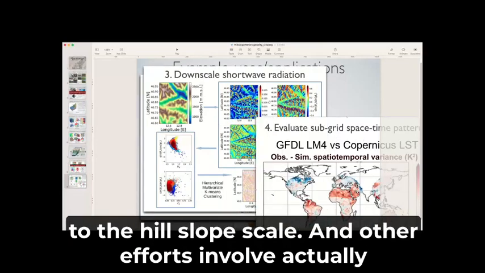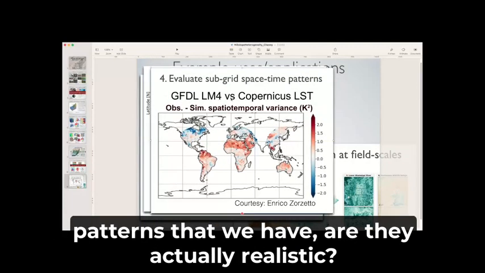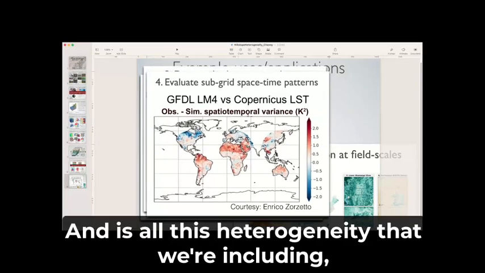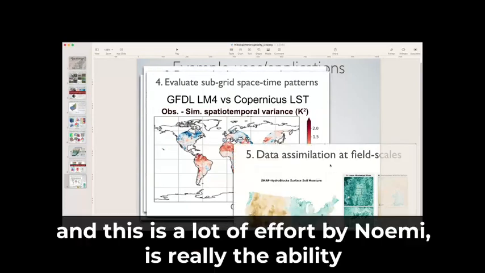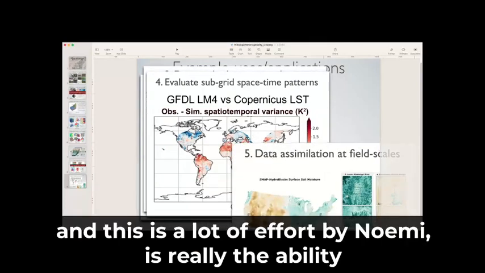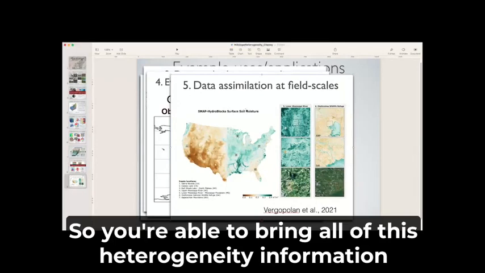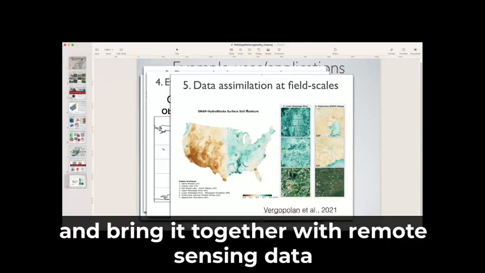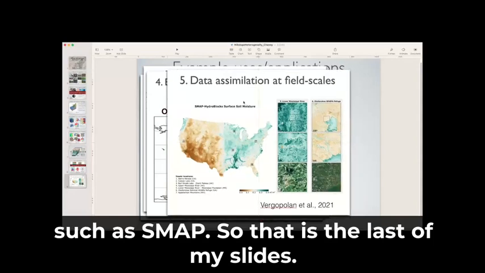Other efforts involve evaluating whether the subgrid space-time patterns that we have are actually realistic, and whether all this heterogeneity that we're including is actually what we should be doing. And the last one, and this is a lot of effort by Noemi, is the ability to do data assimilation at field scale. So you're able to bring all of this heterogeneity information together with remote sensing data such as SMAP. So that is the last of my slides.